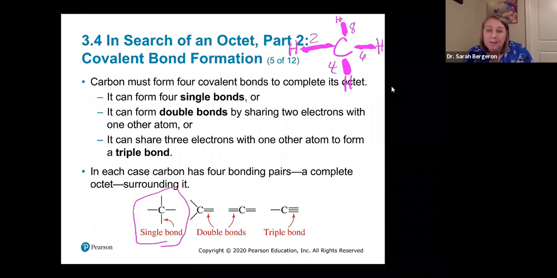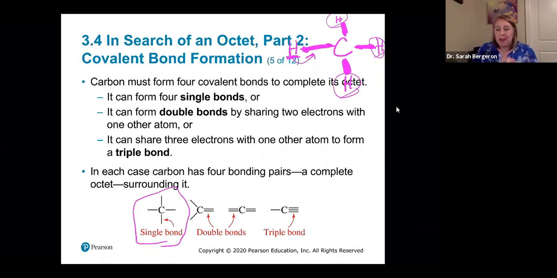Carbon's happy. How about hydrogen? Is hydrogen happy? Well, each hydrogen only needs 2. Does this one have 2? Yes, because it has 1 bond, so it has 2 electrons, so it's happy. How about the next hydrogen? It's got 1 bond, it's happy. The third has 1 bond, so 2 electrons. And the last one, same thing, 1 bond, 2 electrons. So everybody has a complete outer valence shell.